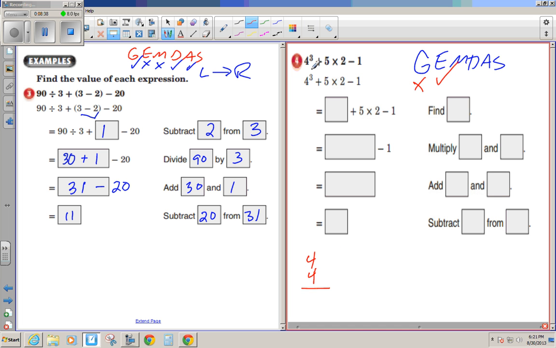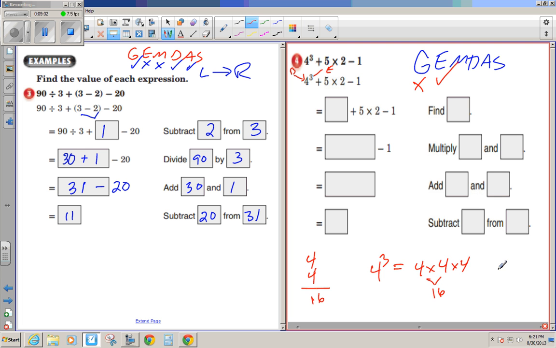What does it mean to be cubed? This is the base. This is the exponent. So 4 cubed means 4 times 4 times 4. So 4 times 4 is 16.